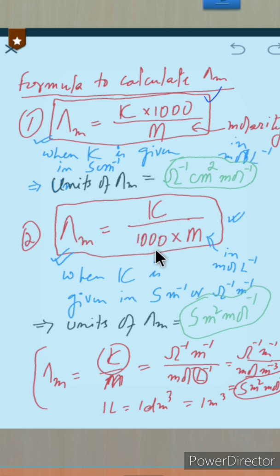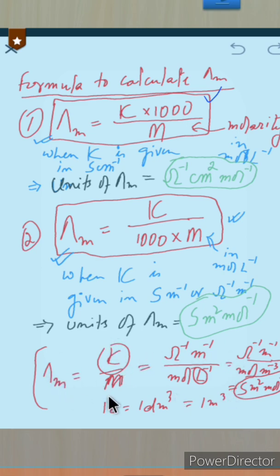This must be used when conductivity is given in SI unit, that is in Siemens per meter or per ohm per meter. Then we must use this formula to calculate molar conductivity. And the units of molar conductivity will come out to be Siemens meter square per mole. Here I'm explaining how these units come out.